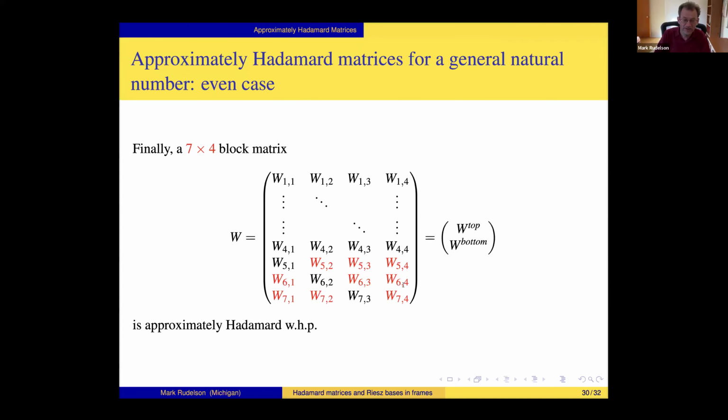But with these random bits, we managed to construct an approximately Hadamard matrix. And with this construction of the pattern matrix, we can complete the proof, at least in the case when n is even. The case of odd n is marginally more complicated, but since my time is up, let me stop here.